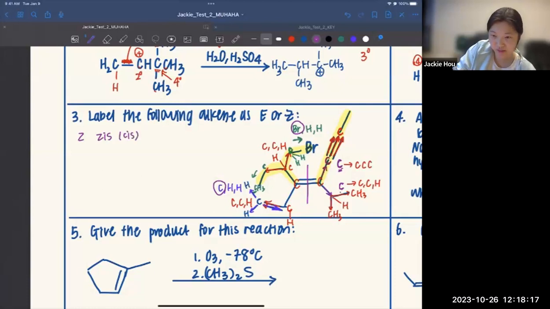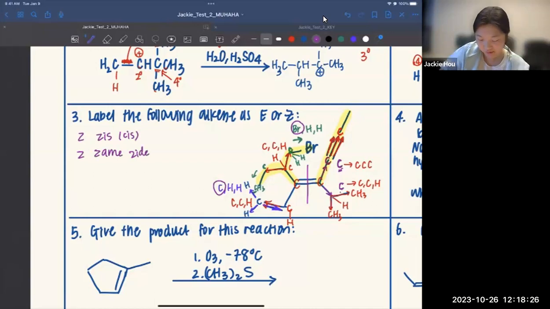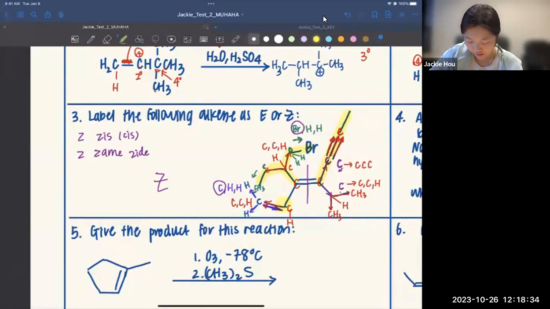But we also talked about in the review session, you have things like zine, whatever helps you remember. But this is going to be easy because they're both on the same side. If I had something on this side and this side, then it would be considered E.